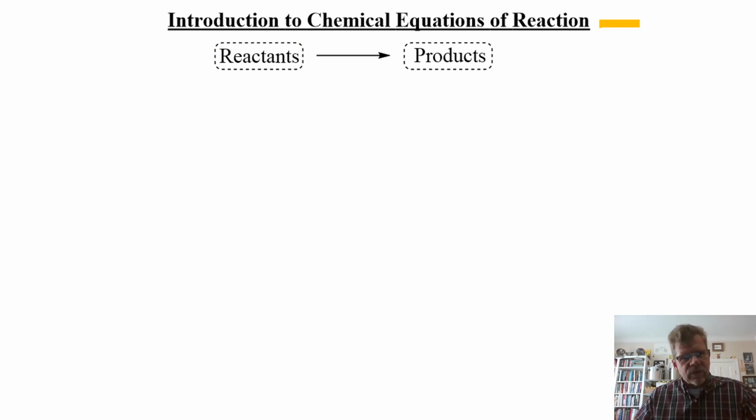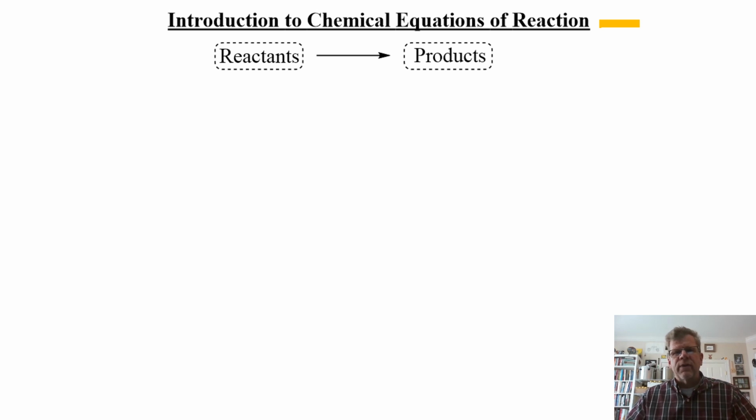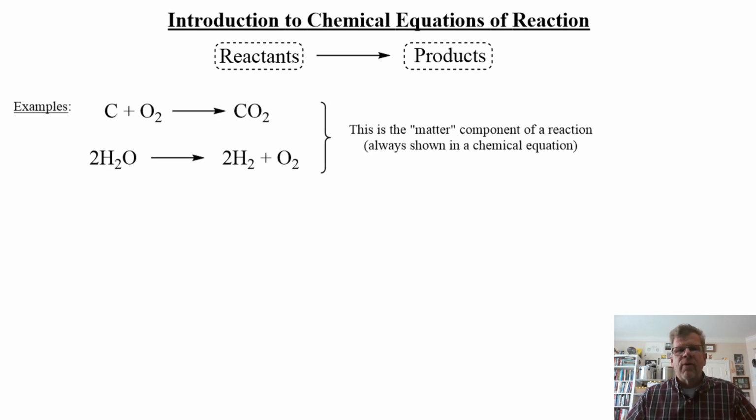So if we look at this concept of matter under the microscope, if you will, of a chemical equation of reaction, let's look at some examples. Now, again, I'm going to be taking some license here. If we look at some of these example chemical equations of reaction, there's a lot that we still have to specifically define.